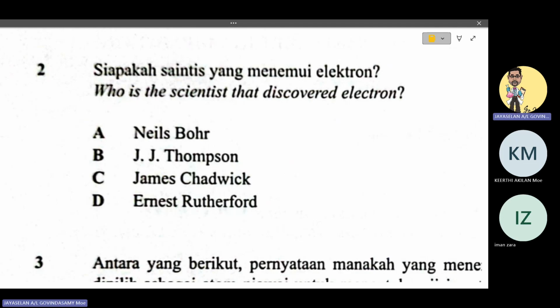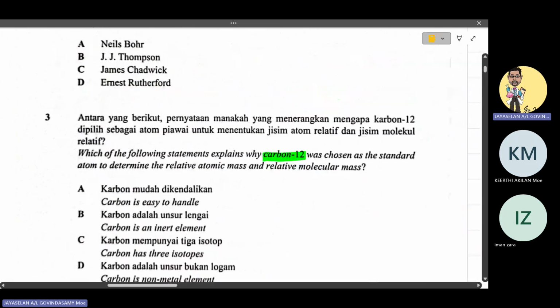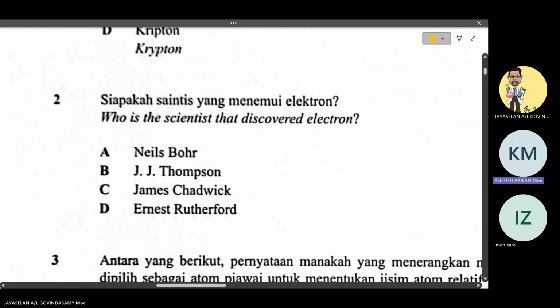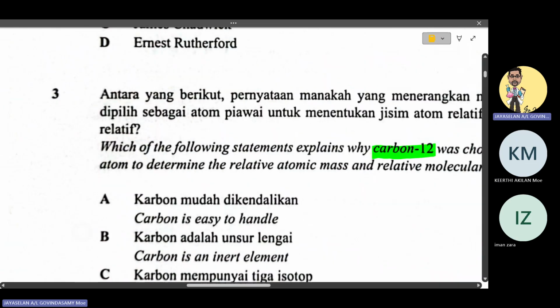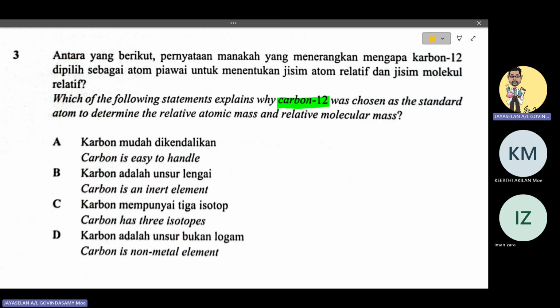All of you done, both of you done. Kitty, I give you 2 times, not yet. Done, sir. Okay, next one, number 3. This is very easy. First 5 questions, paper 1, cannot get these wrong, must get full marks.